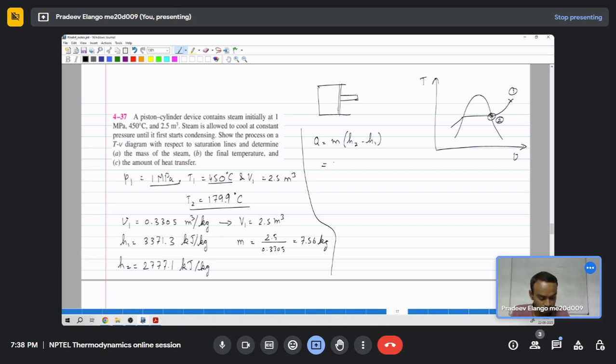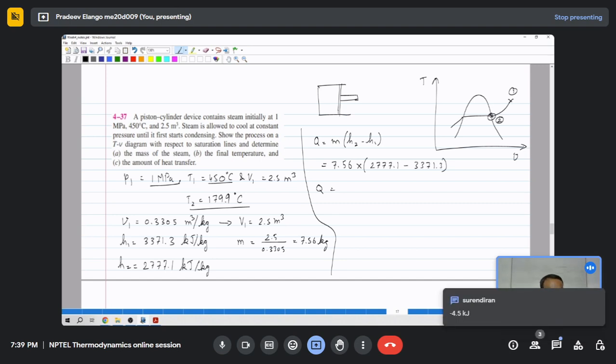M is 7.56, H2 is 2777.1 minus 3371.3. That gives minus 4.5 kilojoules.